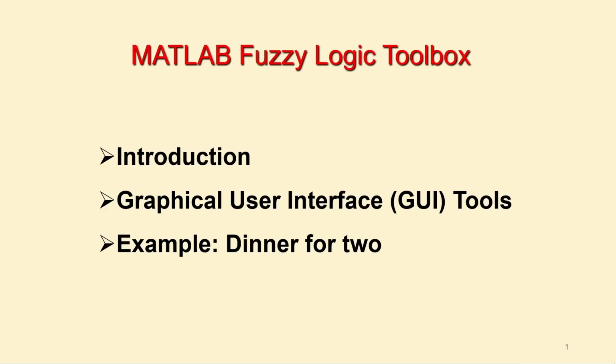In the MATLAB environment we have a lot of toolboxes, and each toolbox is intended for its own purpose, and this fuzzy logic toolbox helps you to develop a fuzzy based expert system. So, what are the components in the fuzzy logic toolbox?